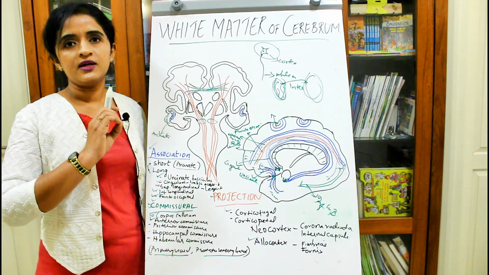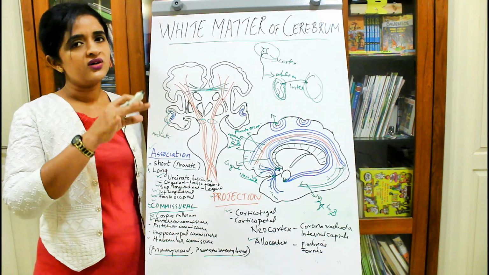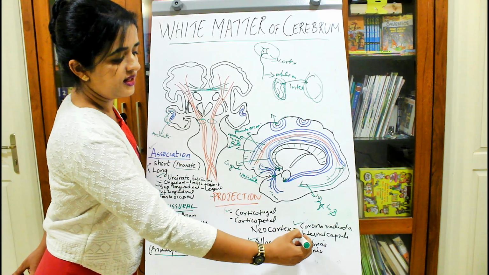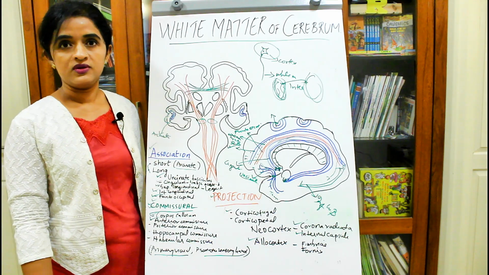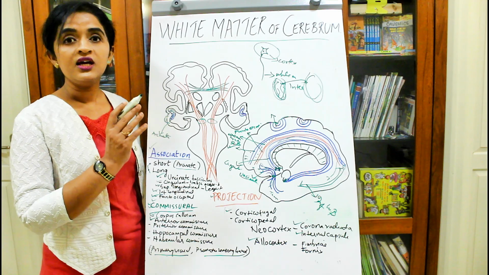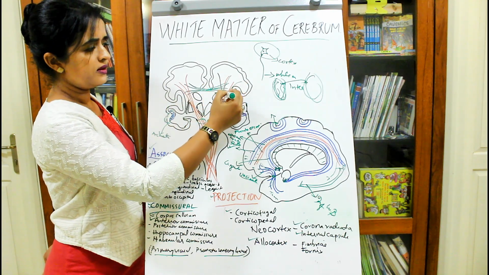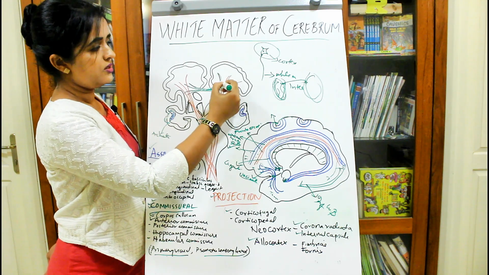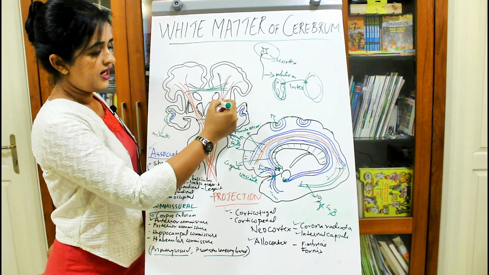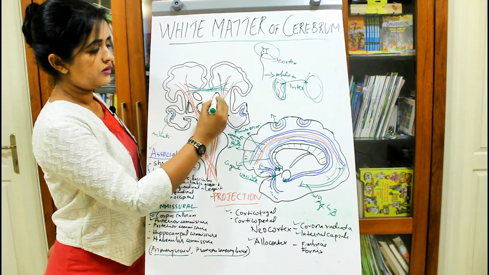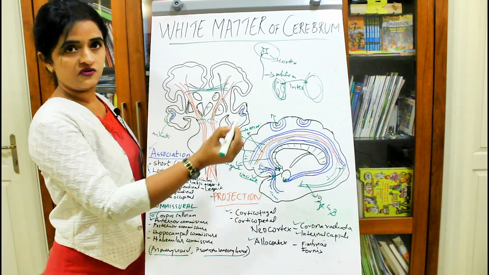The bundles of nerve fibers connecting or confined to the neocortex are called corona radiata and internal capsule. They are the projection fibers of the neocortex. Can you see this? These are the corona radiata fibers. This is the thalamus, this is the caudate nucleus, this is the lentiform nucleus.